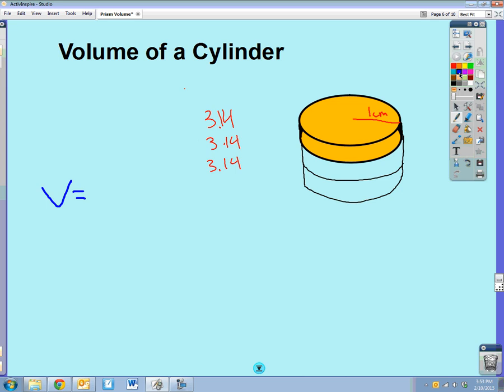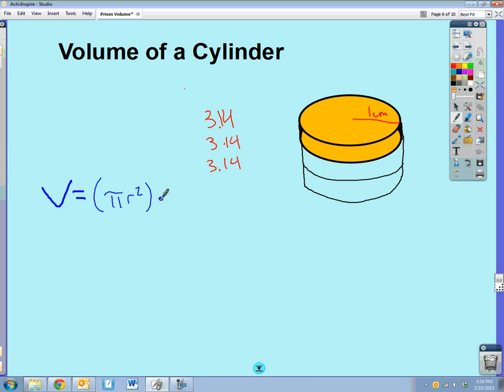We start with that main shape, a circle in this case. And we say the area of a circle is pi times the radius squared, pi r squared. And then we say, well, how many coins are stacked on top of each other? Well, in this case, there were 3. You'd have 9.42 if you add all those together, times 3.